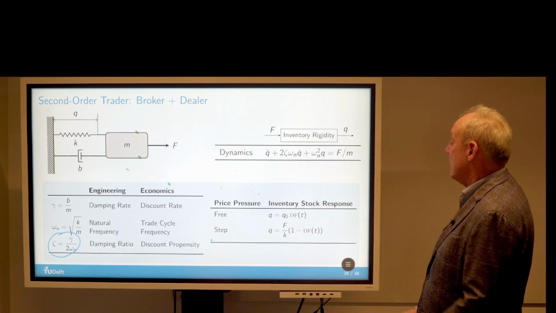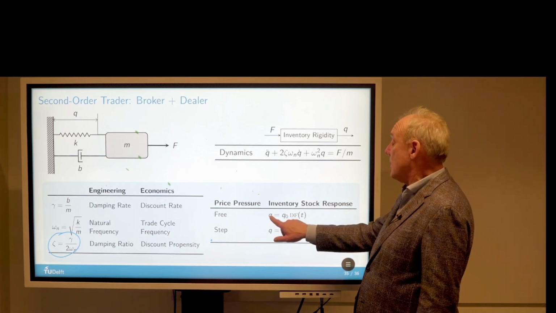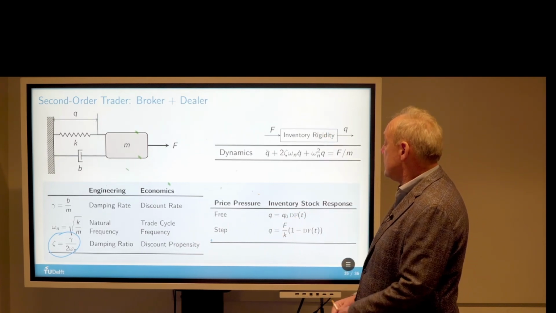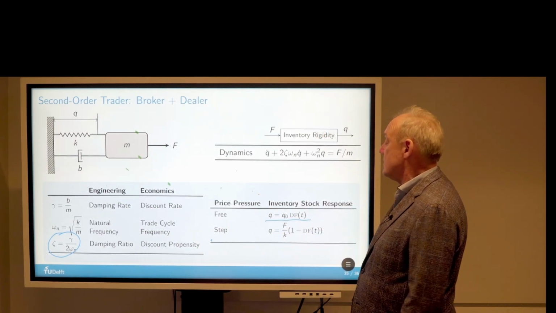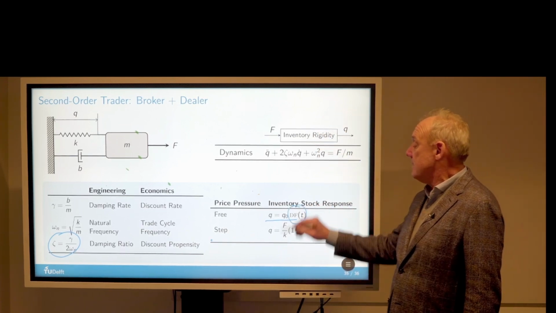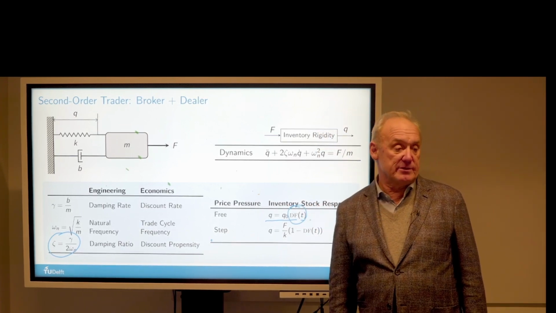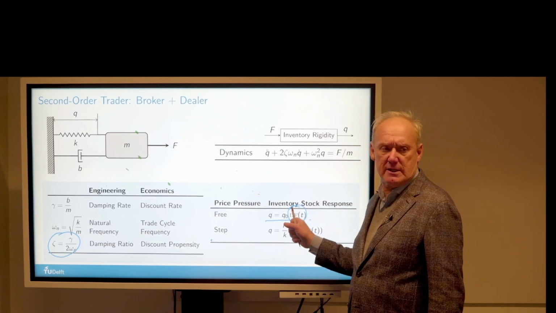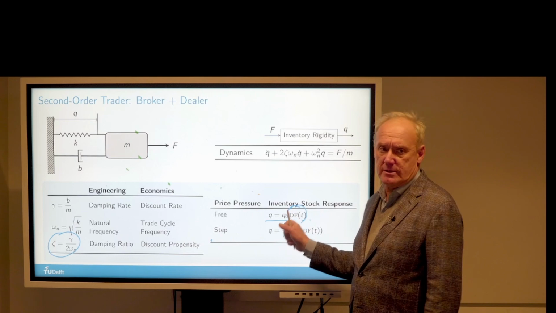So we're going to look at two cases, the free response. We'll just have some stock here, let it go. And you'll see that this goes exactly the same as a first order system, but you can imagine that this discount factor is going to be quite different. In the first order system, this was an exponential, and this is not going to be an exponential.